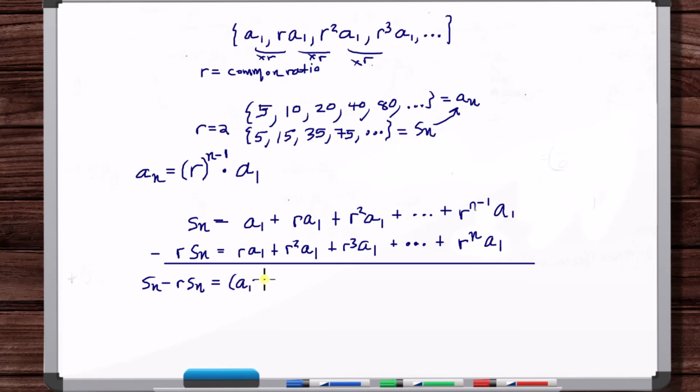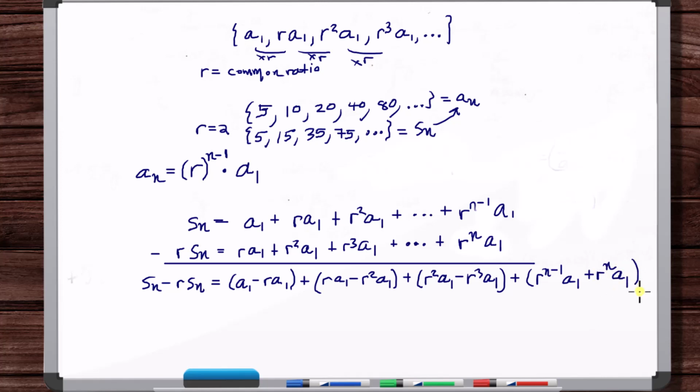a1 minus r times a1 plus r a1 minus r squared a1 plus r squared a1 minus r cubed a1 plus r to the n minus 1 a1 plus r to the n a1.